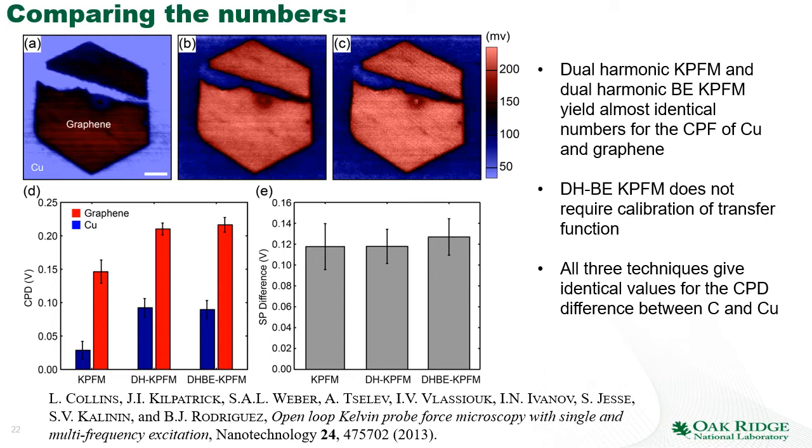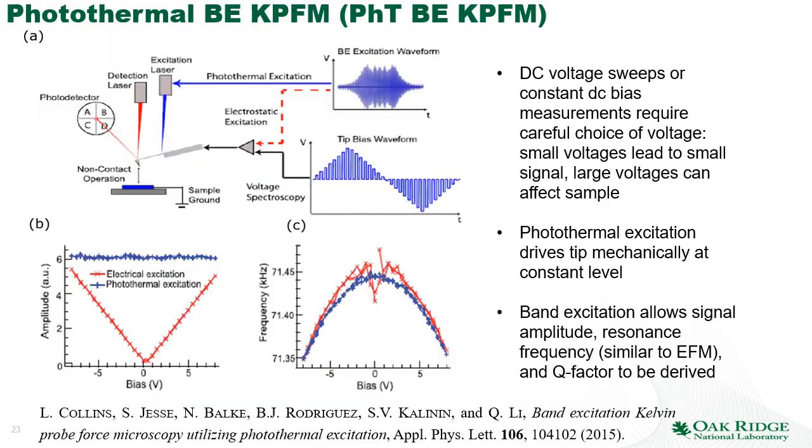The band excitation version does not require the calibration of the transfer function, but is slightly longer. But in terms of the numbers, both techniques give almost identical answers for well-characterized system. So we can trust all of them, except for the classical KPFM, where we need to compensate for the feedback appearance.